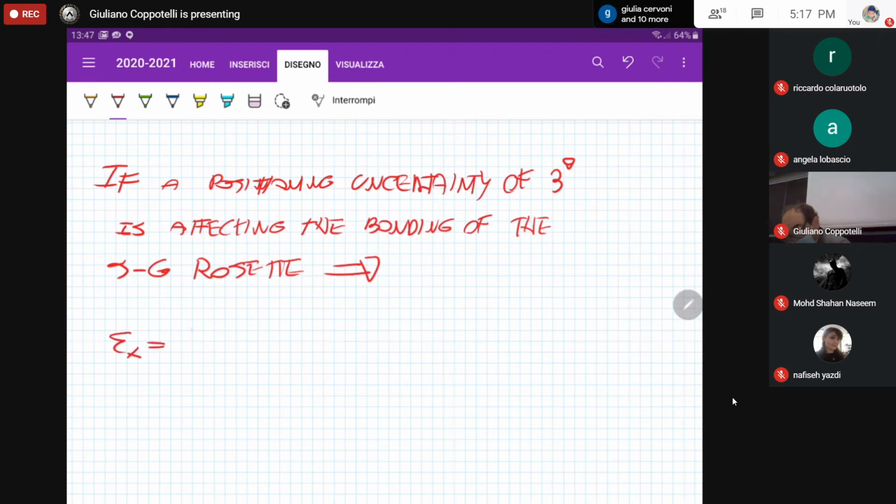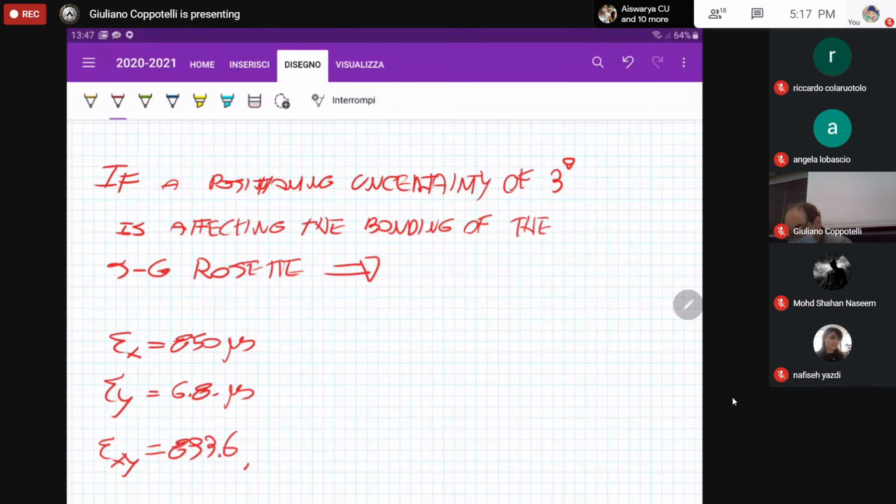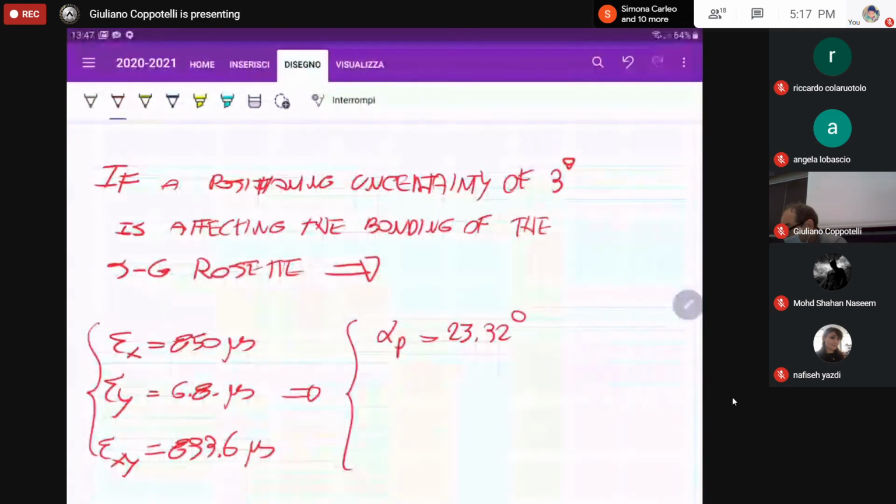Okay, so if we have this positioning error, epsilon x still stays with the same number because it's the starting point, but let's assume we increase the angle by 3 degrees. Then epsilon y goes to 6.8 microstrain, and the shear strain goes to 893.6. I've just made the additional calculation, assuming a change of the angle of 3 degrees. The resulting principal properties for the strain are that the principal angle moves to 23.32 degrees.